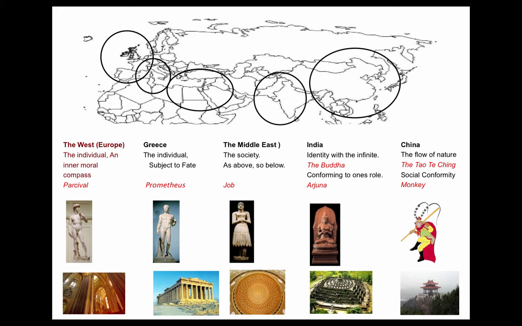In India, with Buddhism, we have the notion that ultimate reality is the interlocked minds of all beings. And we can take as our architecture Borobudur, which is representative of the levels of consciousness as one approaches enlightenment.